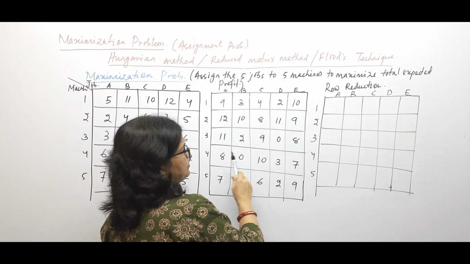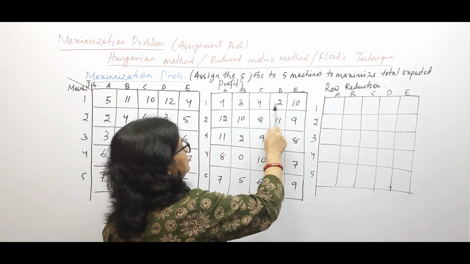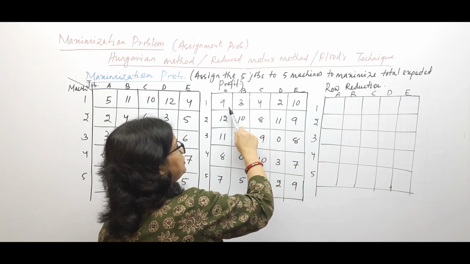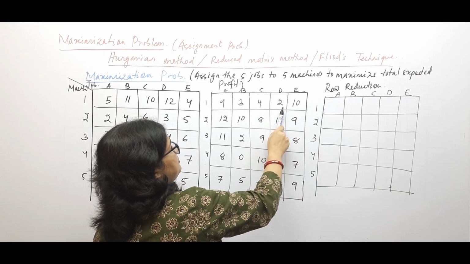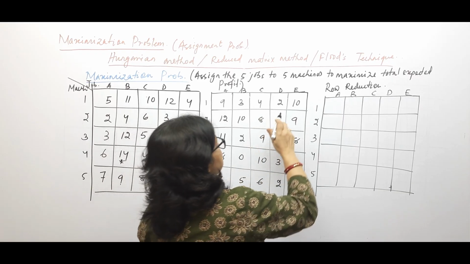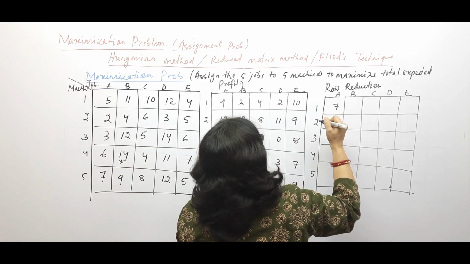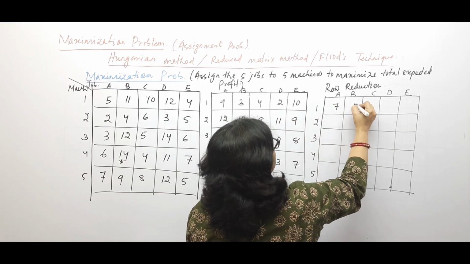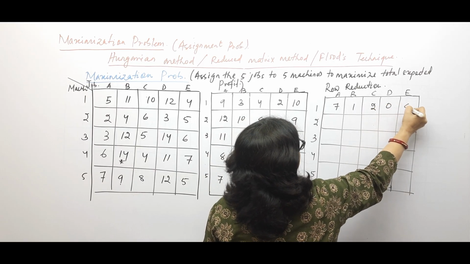For each row, first we need to check the minimum value and subtract that value from each cell. If you see this row, the minimum value is 2. So let us subtract this value from each cell. 9 minus 2 is 7. Then 3 minus 2 is 1. 4 minus 2, 2. Then 0, 8.